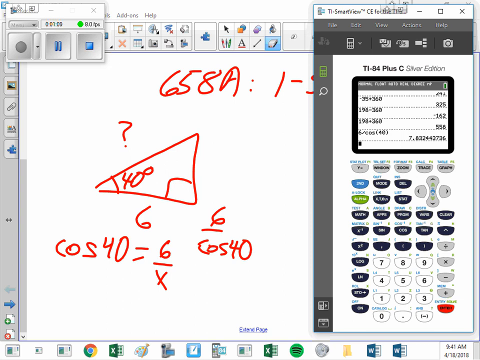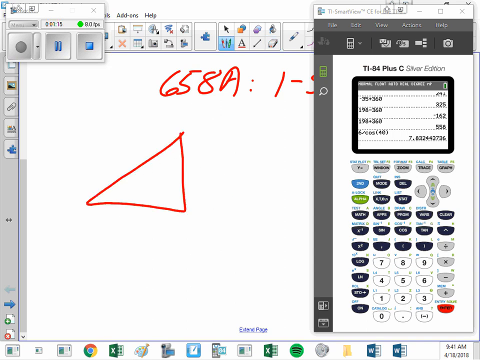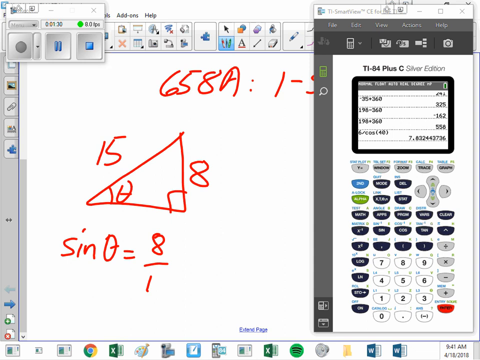What if I switched it up just a little bit, and I said, here is my right triangle, and this side is 8, and this side is 15. How big is theta? Sine of theta is 8/15, and then we invert the sine.